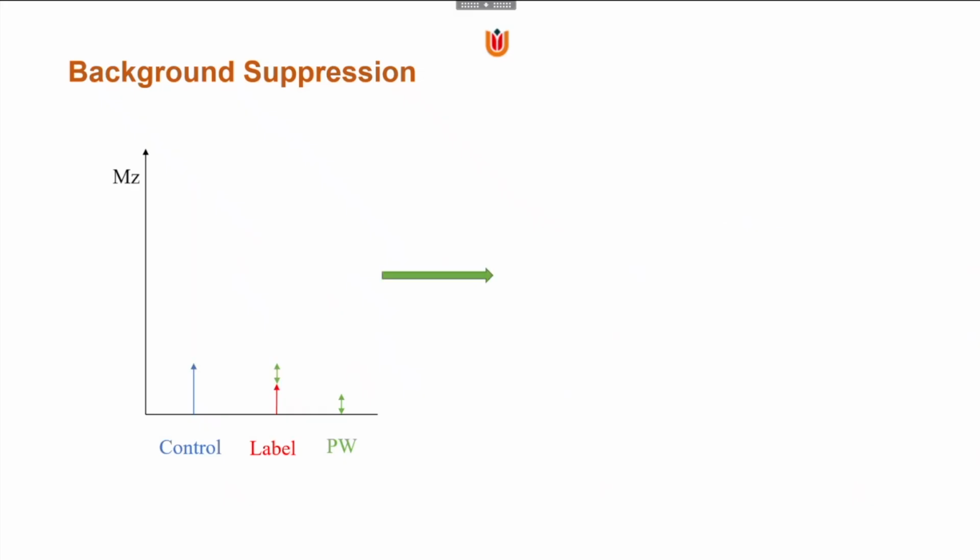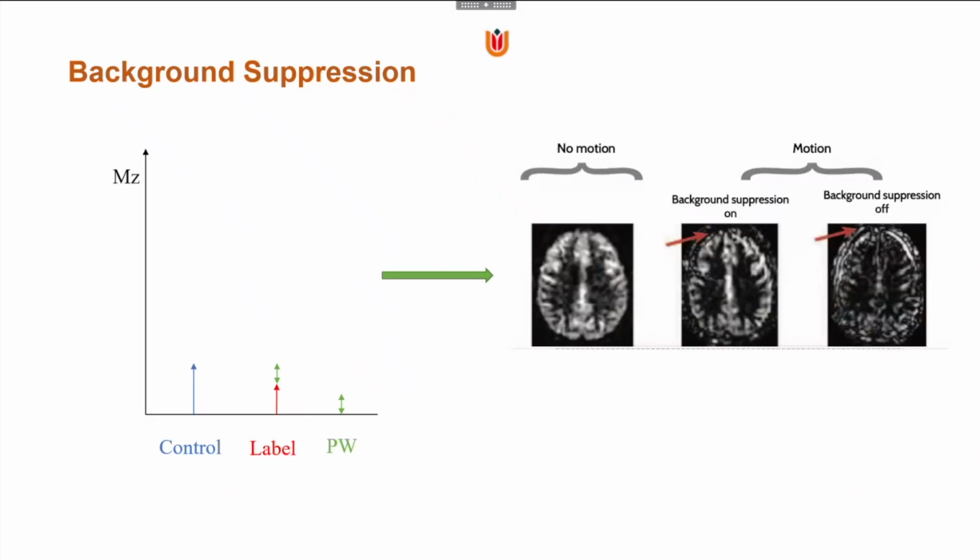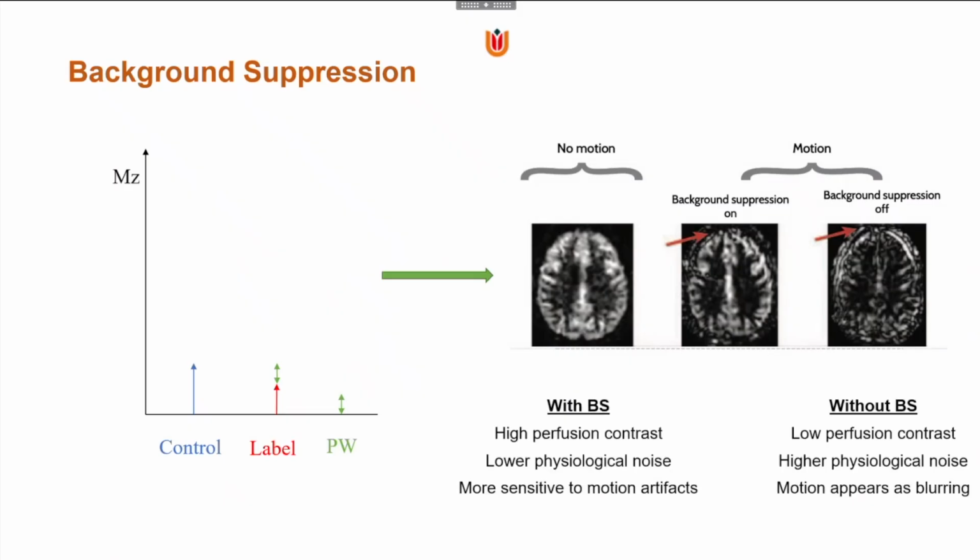So what we can do is background suppression. How do we do this? We suppress the signal of the static tissue so that we can have better resolution. And this will also help with motion, for example. So with background suppression, we'll have a higher perfusion contrast, lower physiological noise, and less sensitivity to motion artifacts. I'll explain better how this is done.